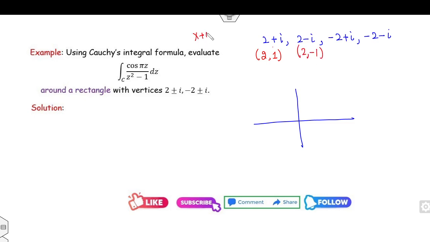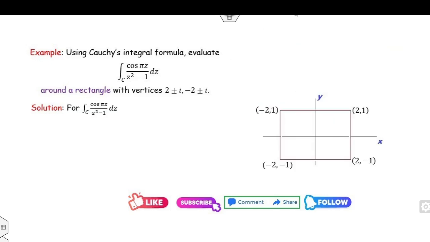Always compare with x plus iota y, because this is the value of z. This point will be minus 2 comma 1 and this will be minus 2 comma minus 1. So x is 2, y is 1; x is 2, y is minus 1; x is minus 2, y is plus 1 and minus 1. So the rectangle will be this side.